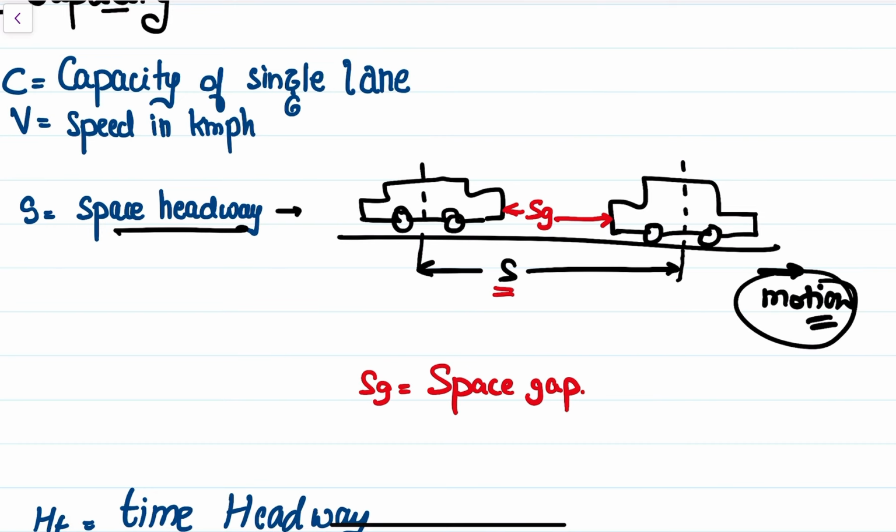Which includes half the length of this vehicle, and half the length of this vehicle, assuming both vehicles are the same. We have the average length of vehicles, right? Both vehicles are the same.